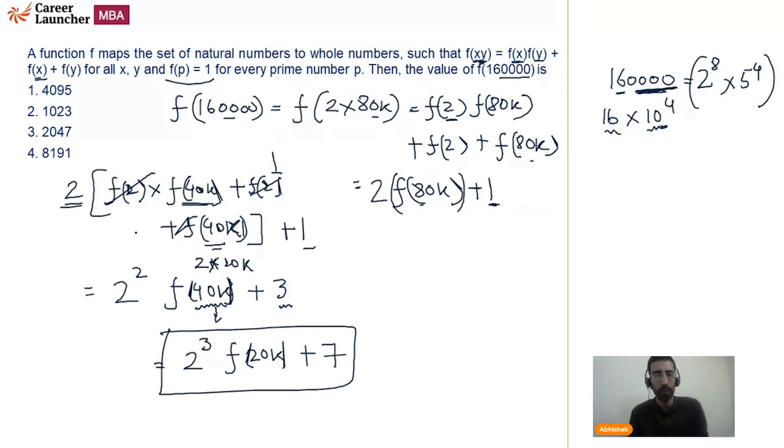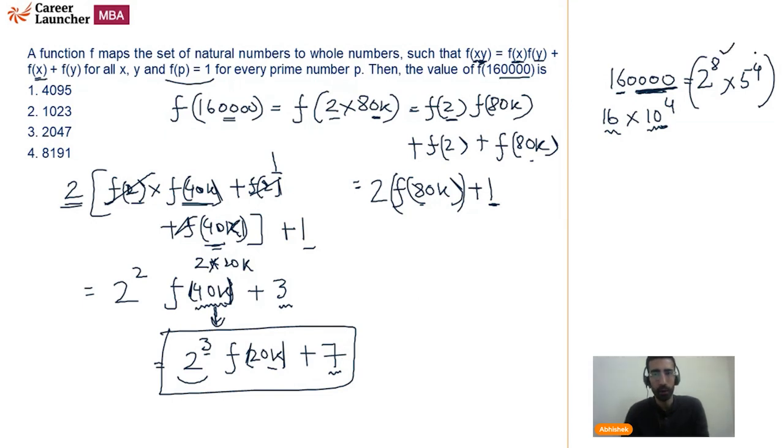So what is happening every time we take out a prime number, right? 160 to 80, 80 to 40, 40 to 20. For every single time we break it down once, we get an extra power of 2. We have taken three powers of 2, one here, and once more here. We have a 2 cube, and here we had a 2 to the power 3 minus 1.